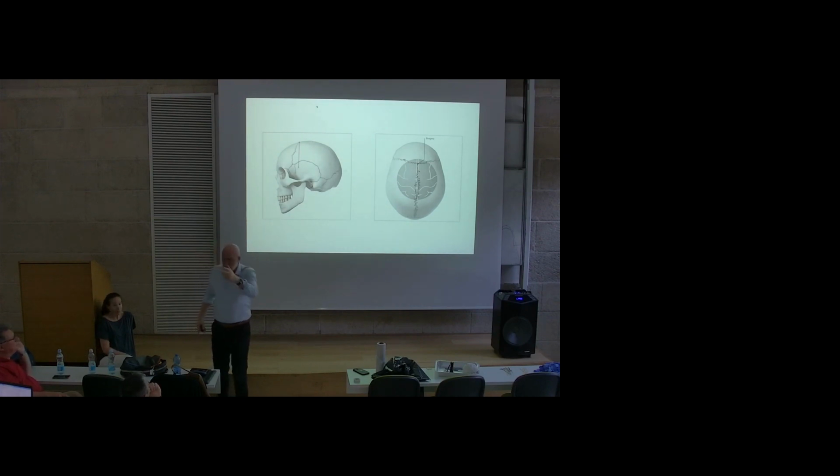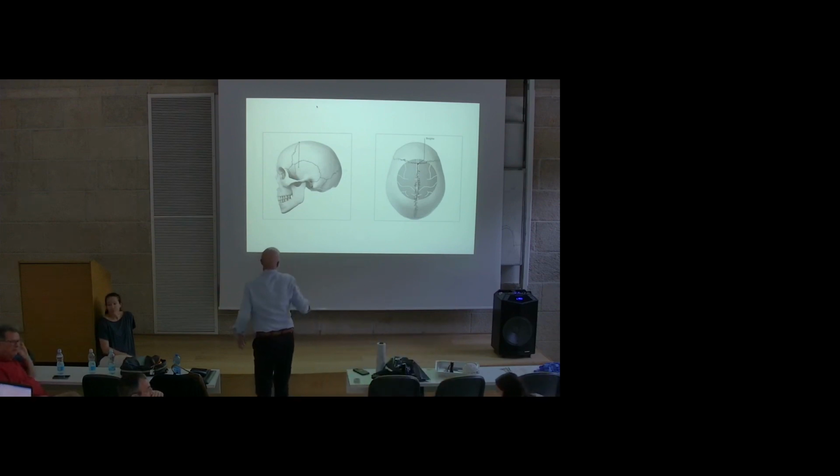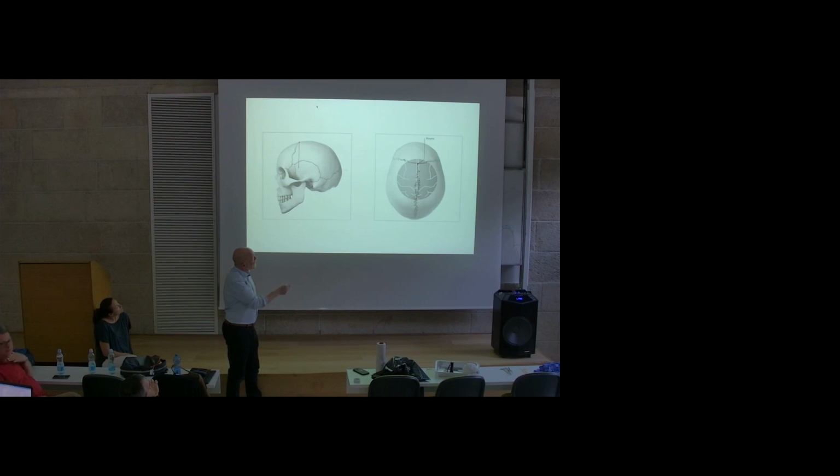And if you have the coronal suture, you also have the anatomy of the brain. You have a correlation between the coronal suture and the brain. You see that one lobe goes from here to posterior, and then you have the cross-section here.